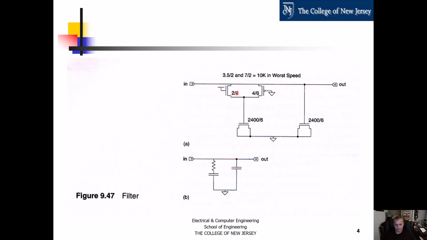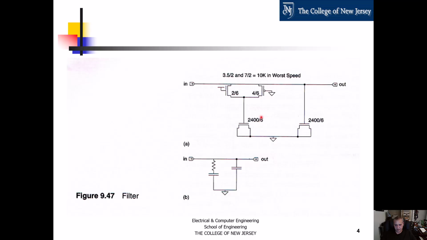So here, since we're talking about transistors, these are multiples of our minimum size, which is 150 nanometers. So we also have the capacitors. These two capacitors are the same, so they are here.